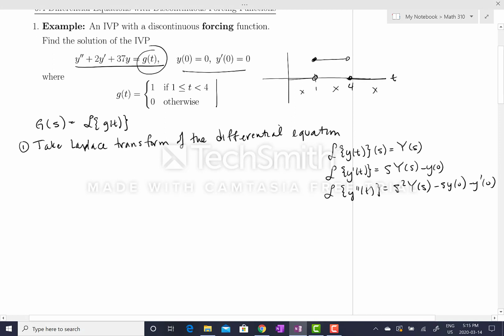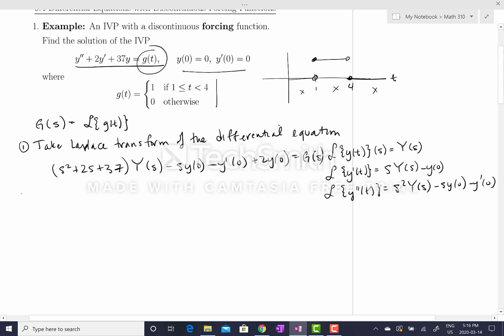Then taking the Laplace transform on both sides of the differential equation, we get s squared plus 2s plus 37 times capital Y of s, minus s y of 0 minus y prime of 0, plus 2y of 0, equal to the Laplace transform of the right-hand side, which is capital G of s.